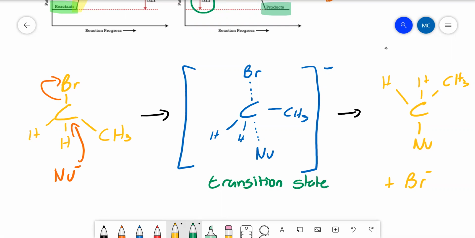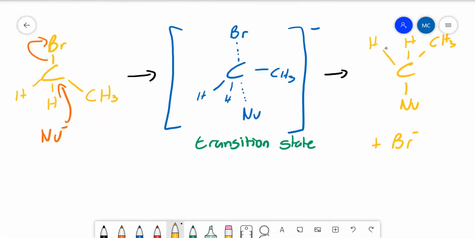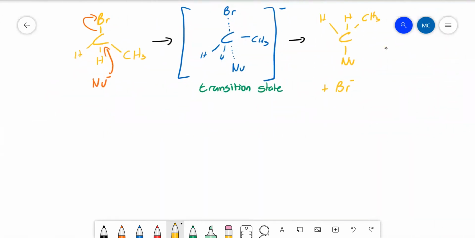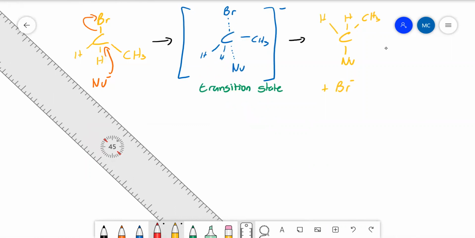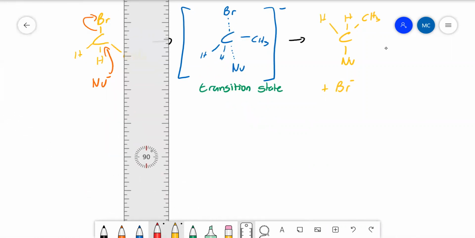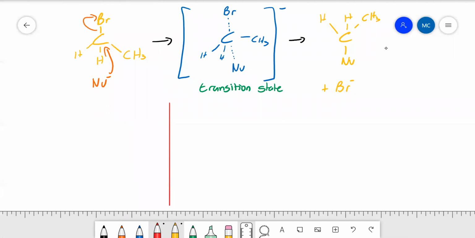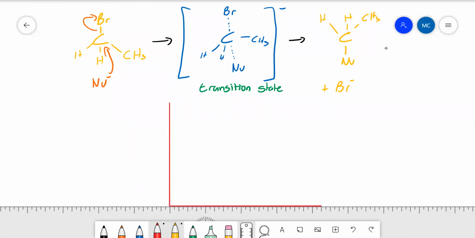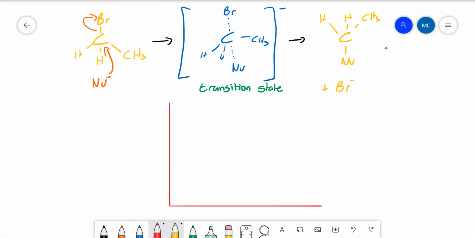Now this is going to be very important when drawing an energy diagram. If we were to draw the energy diagram for this reaction, I would always advise you to write energy on the axis, and time.